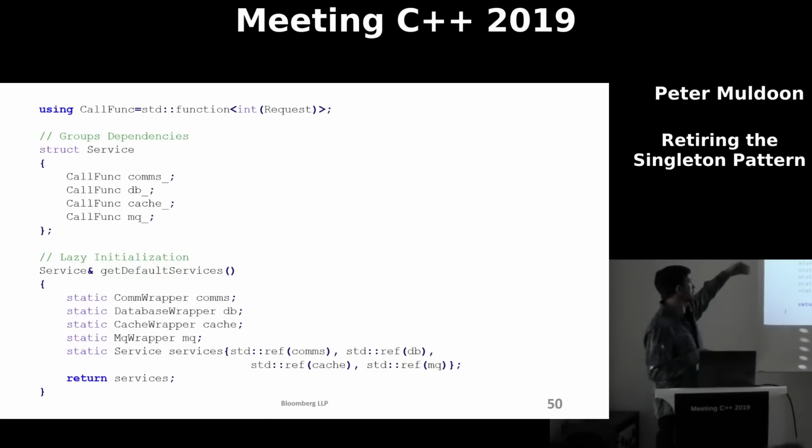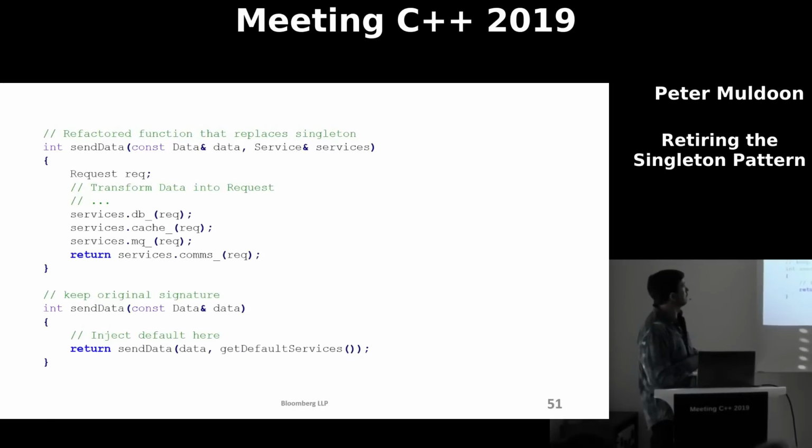And then all I do in my get default services is create each one of my wrappers and just give them reference semantics, so we don't fall afoul of that copying rule. And the send data function will change just a bit. Instead of calling a send or a save, I'll just call the parens operator.